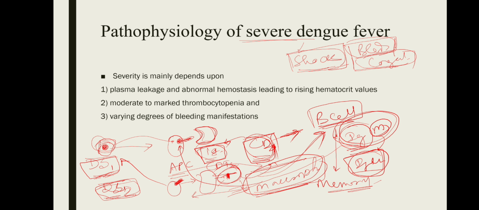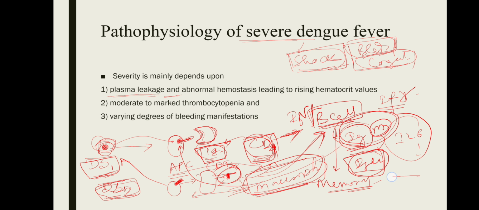They produce plenty of inflammatory products, such as interleukin alpha, interferon gamma, and also interleukin 6 and interleukin 1, and this huge cytokine storm makes the plasma leaky.